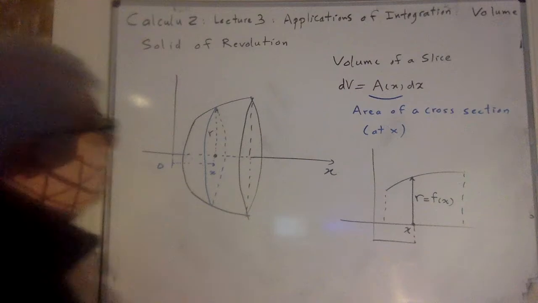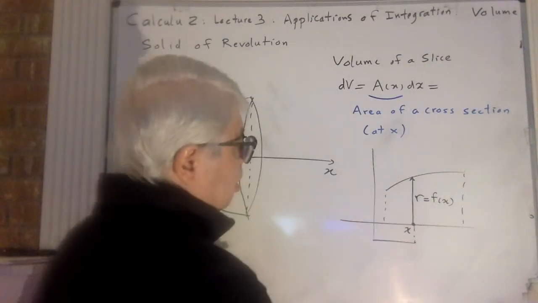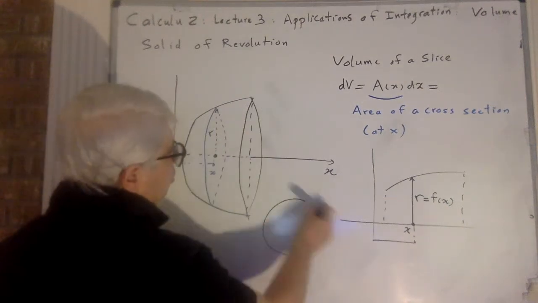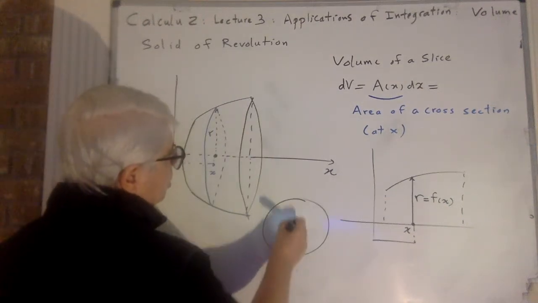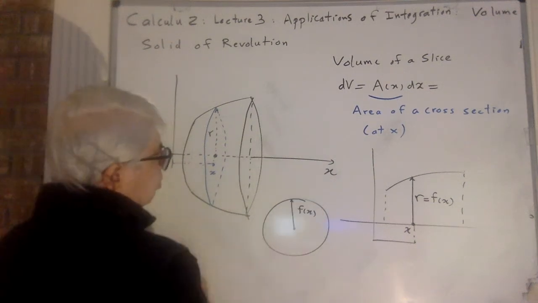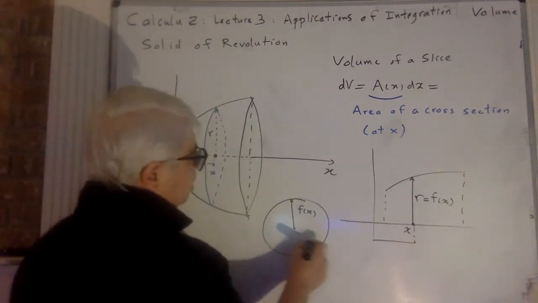So if I draw this from this viewpoint, this is f(x). I have a circle with radius f(x), and this is A(x), the area of this thing.